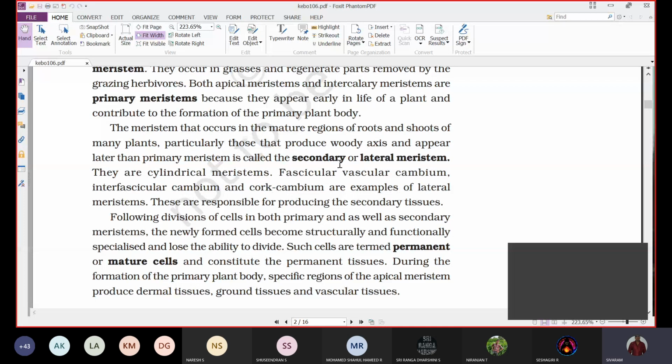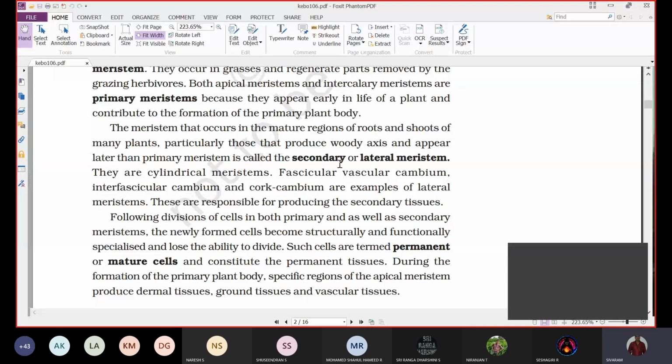When you observe the meristem that occurs in the mature regions of the root, that means after the complete formation of primary tissues, next the secondary tissues are developed, which help in the secondary growth of the plant body.